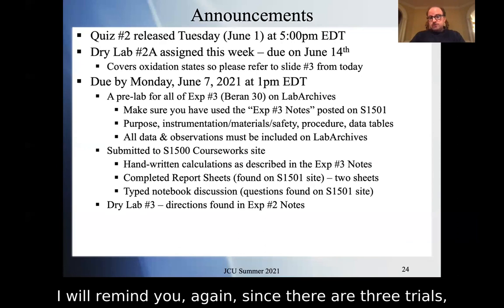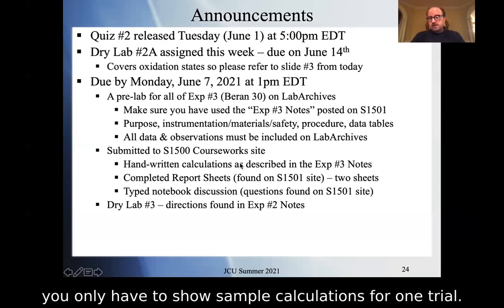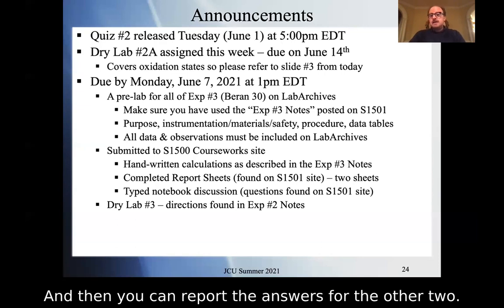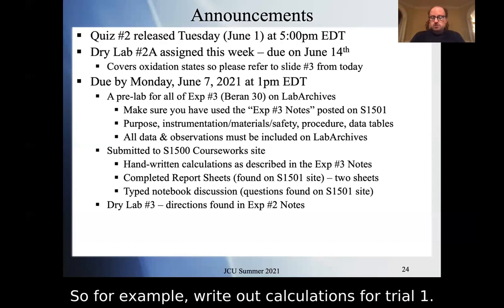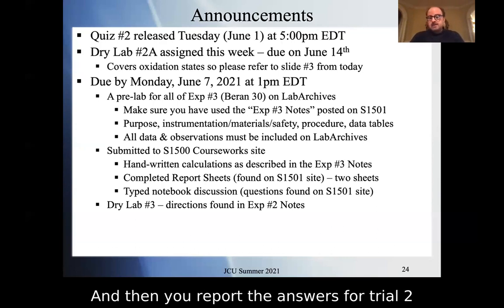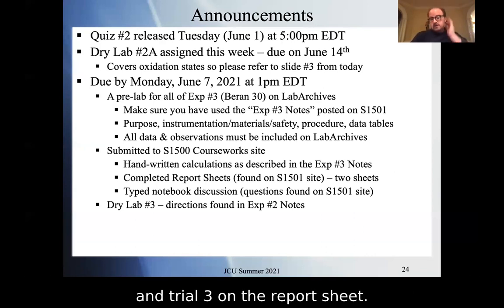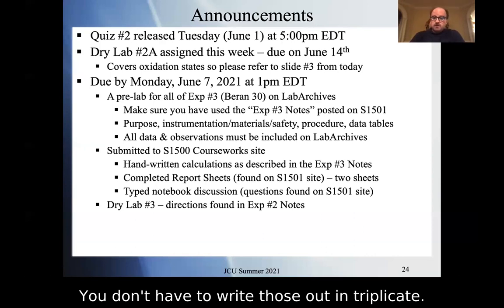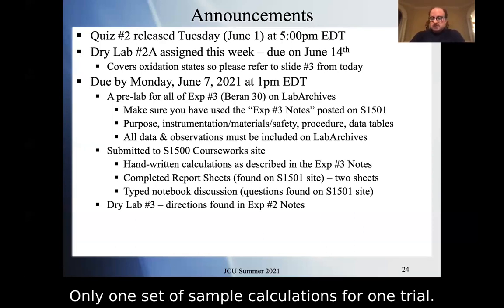I will remind you, again, since there are 3 trials, you only have to show sample calculations for 1 trial, and then you can report the answers for the other 2. So, for example, write out calculations for trial 1, and then you report the answers for trial 2 and trial 3 on the report sheet. You don't have to write those out in triplicate, only 1 set of sample calculations for 1 trial.